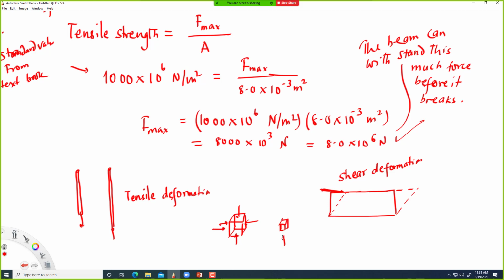This kind of deformation by applying force in all directions is called bulk deformation. So bulk deformation is deformation in 3 dimensions, in all directions. Shear deformation is deformation in 2 dimensions, in length and width, whereas tensile deformation is deformation in only 1 direction.